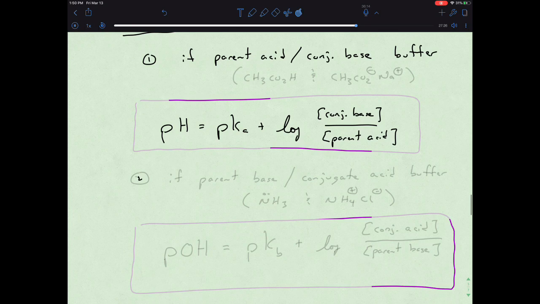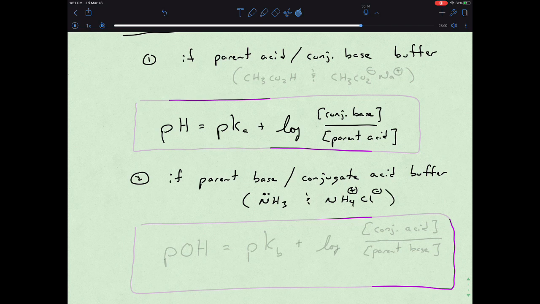And while I didn't do this derivation for the other type of system, it's very much the same, meaning that instead of a parent acid, if we have a parent base, conjugate acid buffer, an example of that would be maybe NH3 and ammonium chloride, right?